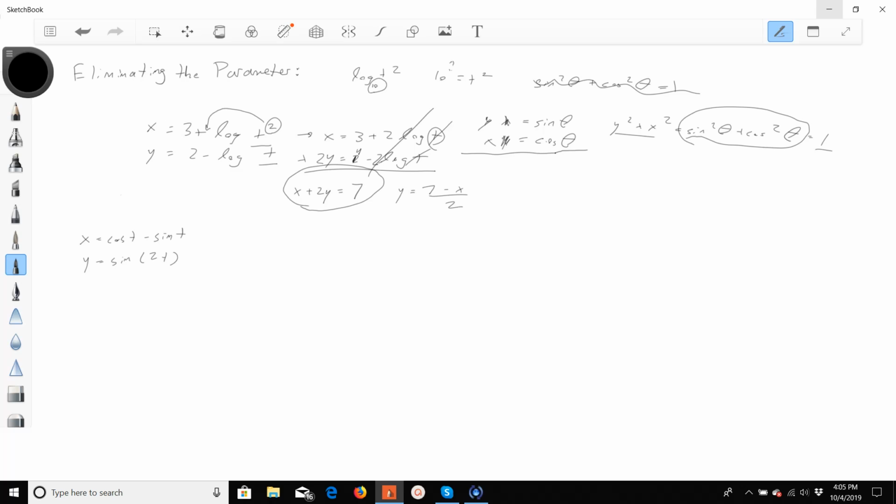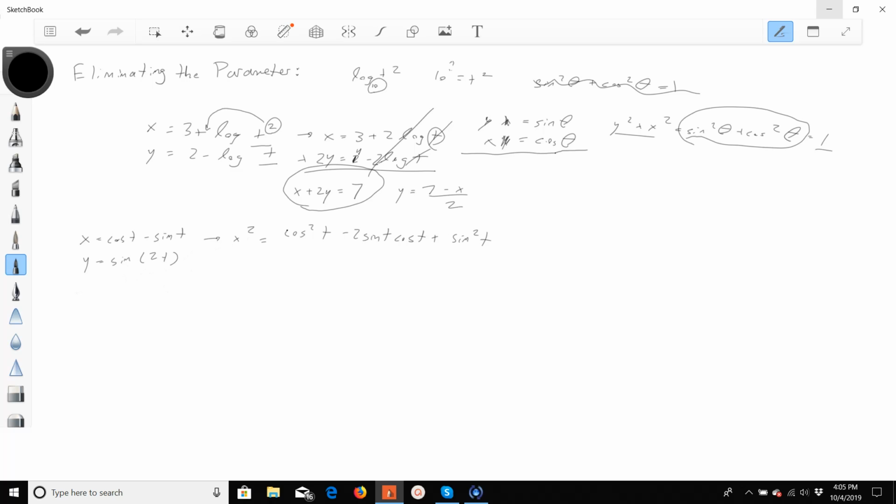Realize that... How do I put it here? Okay, I'm going to square this x, basically. x squared is equal to cosine squared t minus 2 sine t cosine t plus sine squared t.